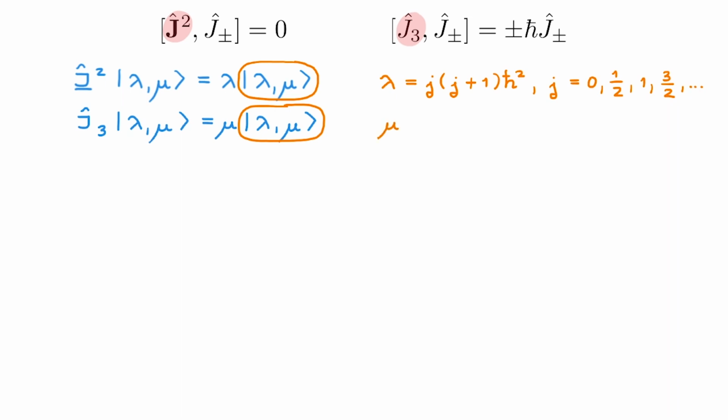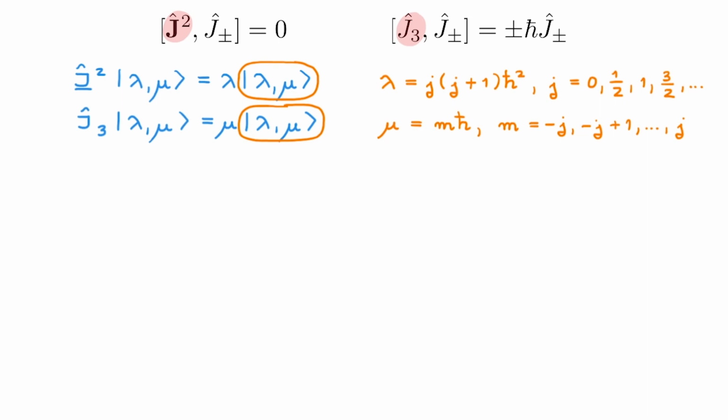Mu, on the other hand, is always given by the expression m times h bar, and for a given j, m can only take the values minus j, minus j plus 1, and so on, in steps of 1, up to a maximum value of j.